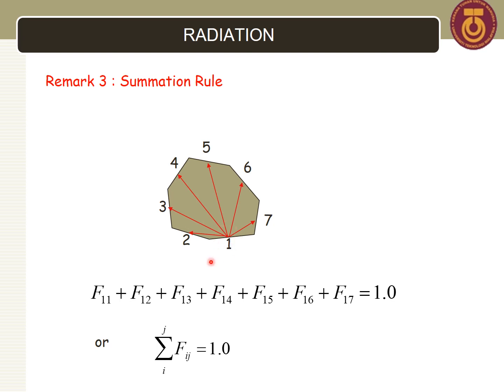And according to the summation rule, if you add all these view factors together, it will become 1. So in this case, F11 plus F12 plus F13 plus F14 plus F15 plus F16 plus F17 equals 1. So this summation rule will also help us when we do calculation for view factor.